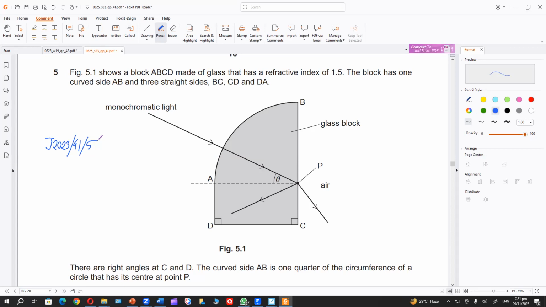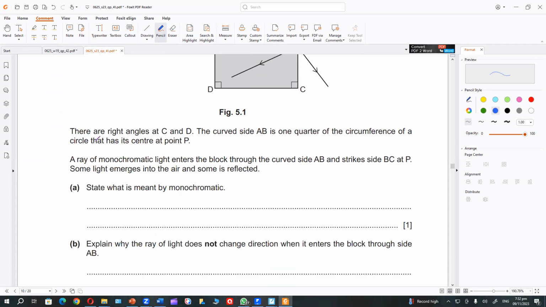There are right angles at C and D. The curved side AB is 1/4 of the circumference of a circle that has its center at point P. A ray of monochromatic light enters the block through the curved side AB and strikes the side BC at P. Some light emerges into the air and some is reflected.